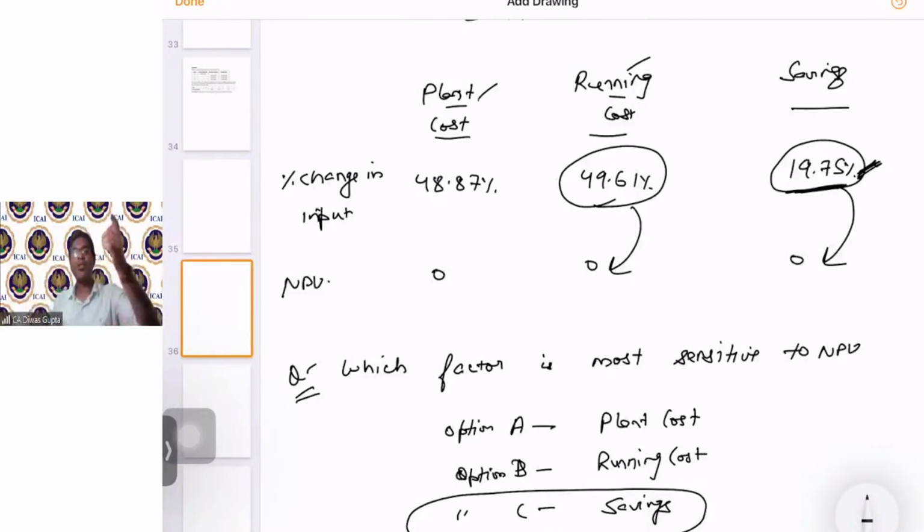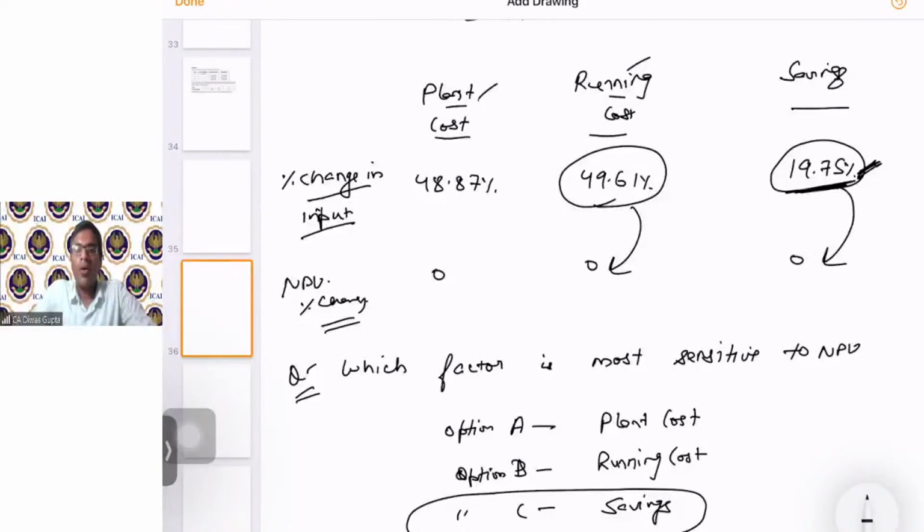So in the previous question, we were looking at the percentage change in NPV, which is output. That is where we saw where it is maximum. But here we are looking at the percentage change in input, so there we have to look at what is the minimum. Chinmay Das said C, Pritika C, Varsha said savings, Bhumika savings, perfect.